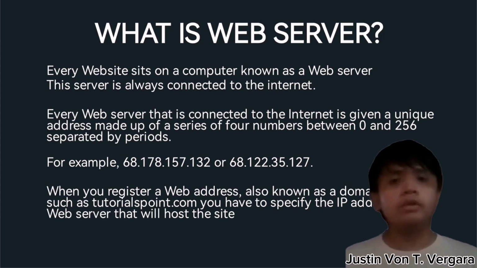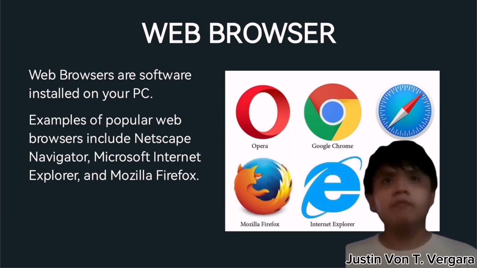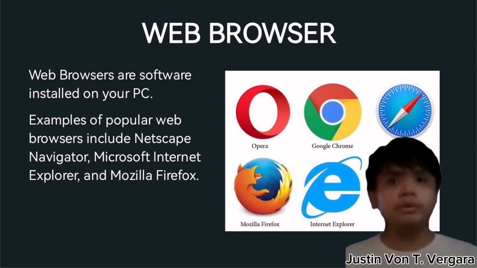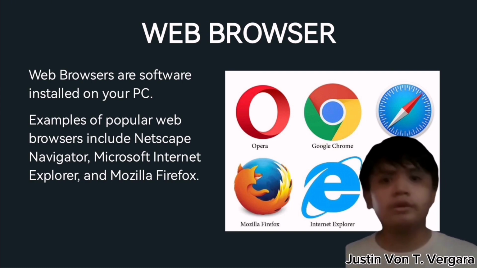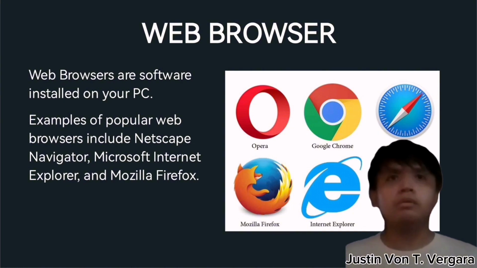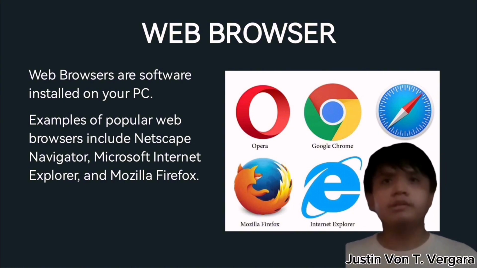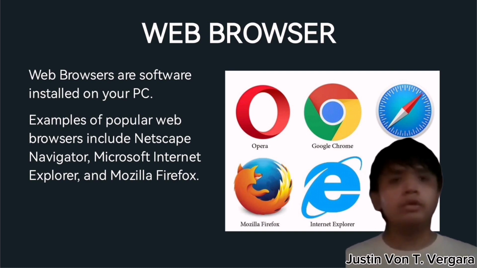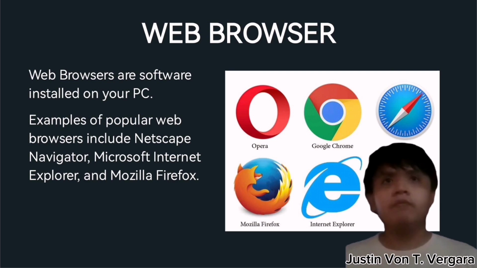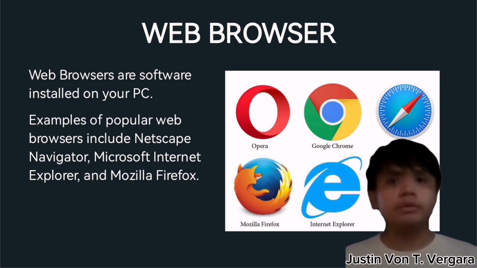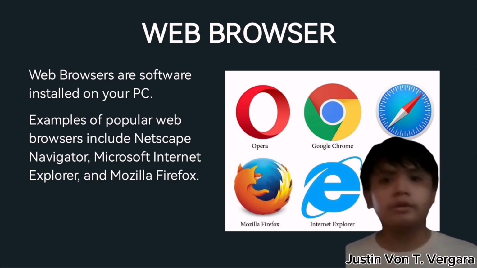Next, we will discuss the web browser. I will give the definition of a web browser. When you buy a PC, it's already installed in your computer. It's software that is already installed in your PC. What is the use of a web browser? It is to access the web. You need a web browser, such as Microsoft Internet Explorer or Mozilla Firefox.